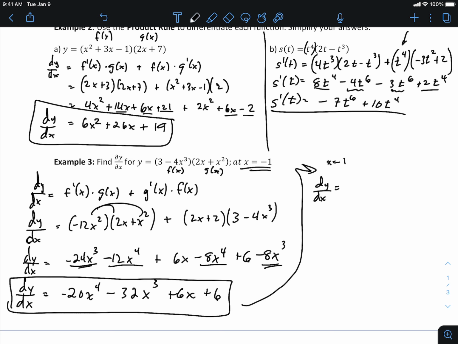The actual slope is going to equal negative 20 times negative 1 to the power of 4 minus 32 times negative 1 cubed plus 6 times negative 1 plus 6. And if you do the math on that, you should see that dy dx, or the slope, is equal to 12.